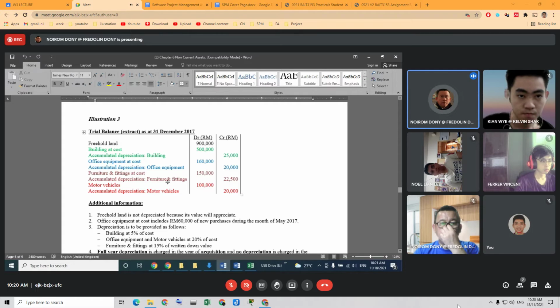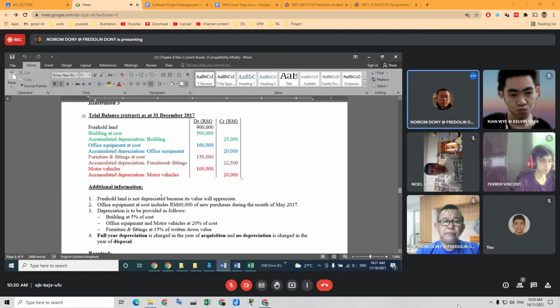Now, the additional information given here. Freehold land is not depreciated because its value will appreciate, meaning instead of depreciating, it is increasing in value. Office equipment at cost includes 60,000 of new purchase during the month of May 2017.